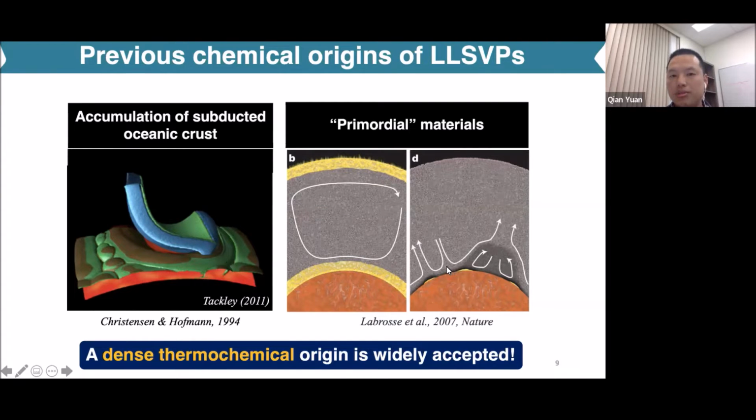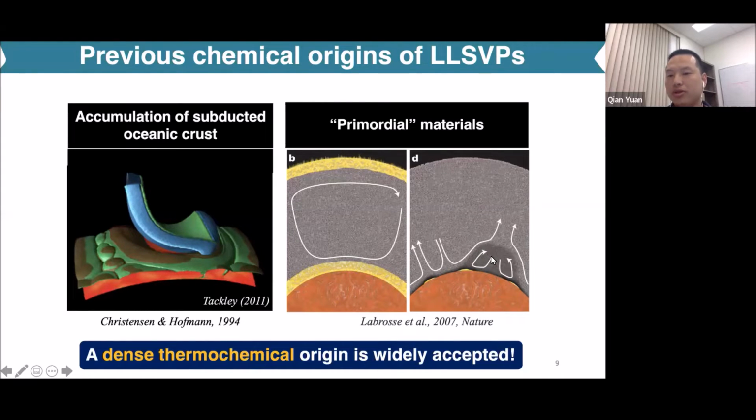Another increasingly popular idea for the origin of the LLSVPs is that they are primordial materials. This great study by Labrosse, published in Nature 15 years ago, found that if you initially have a basal magma ocean, and it gradually crystallizes, the solid part can be relatively iron rich, and this can stabilize the piles.